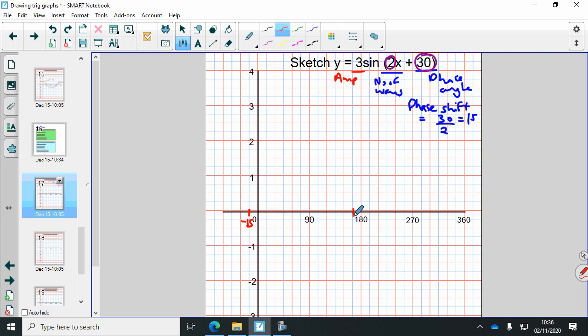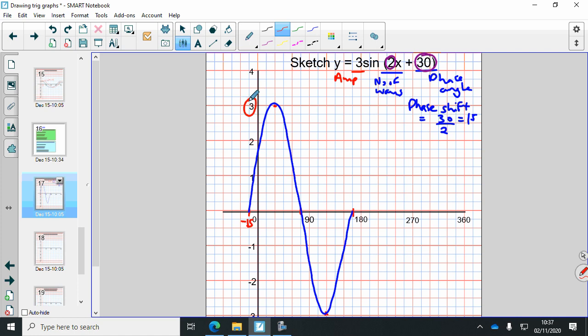That would normally come through the axis at 90, so back 15 to there. And you can see that everything is just kind of halfway at that point. So you can get away with just drawing one wave. You don't need to draw the full two waves. So that's what your graph would look like. You've got your amplitude of 3.